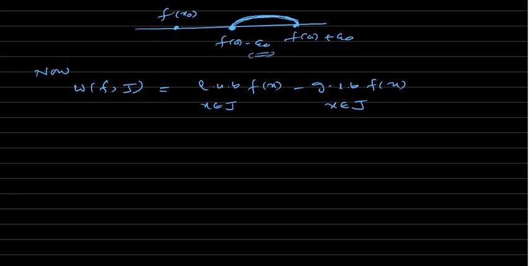F of x naught. Because we have a point, whenever x is in here we have point f of x naught, so that lies outside of this, that's not in this interval.